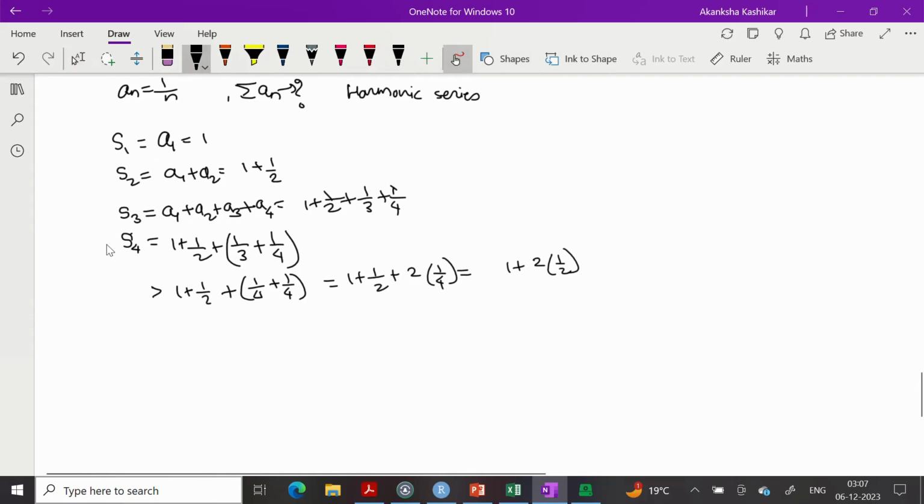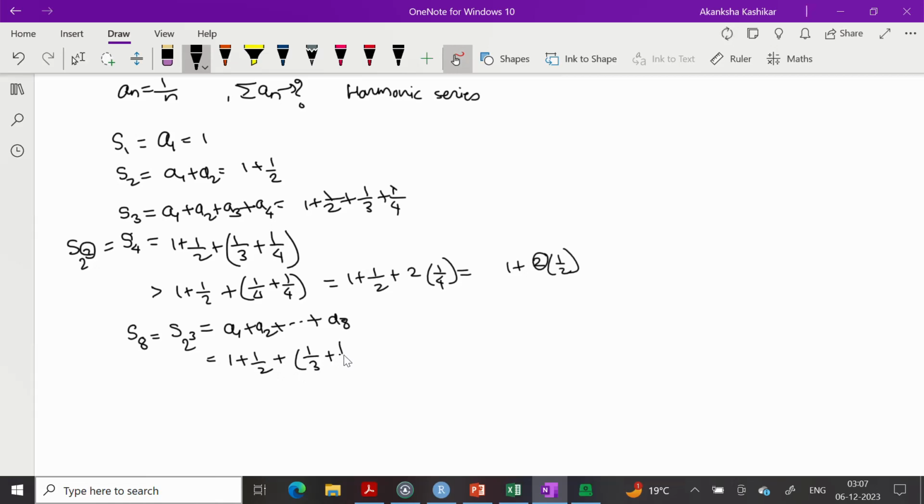S4 I could actually write as S of 2 square. Let me try S8. So S8 will be S2 raised to 3. So there I would write it as 1 plus half plus 1 by 3 plus 1 by 4 plus 1 by 5 plus 1 by 6 plus 1 by 7 plus 1 by 8.